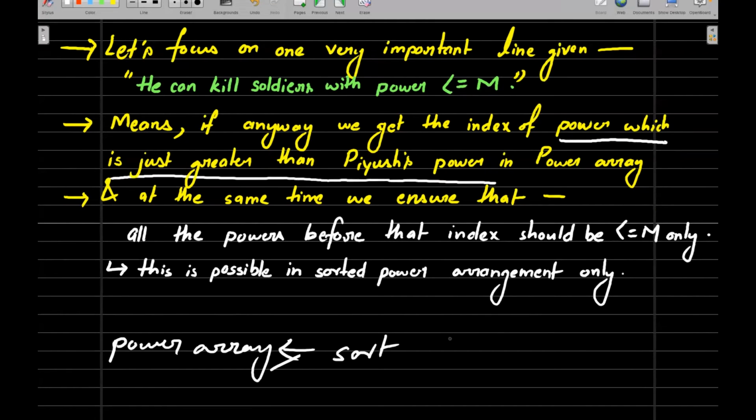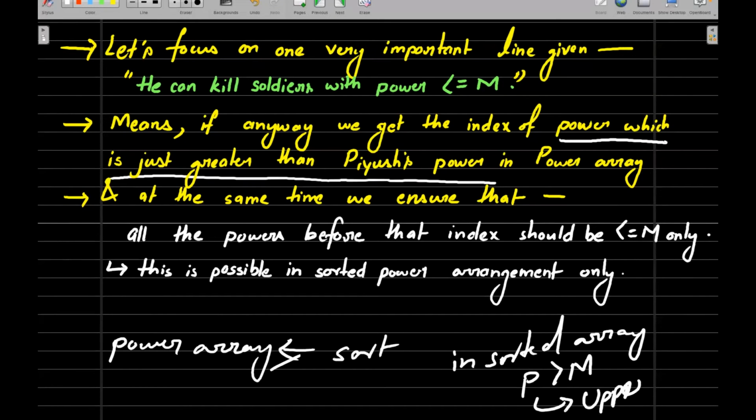So we call that, in a sorted array, finding the power just greater than m, the upper bound of m. Okay, remember that, we'll come to that.